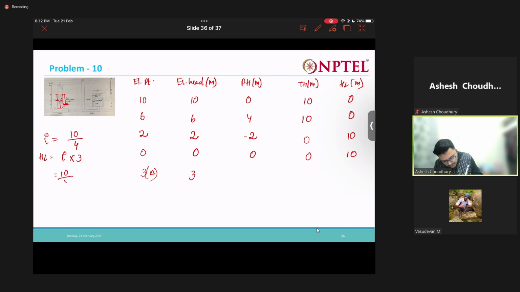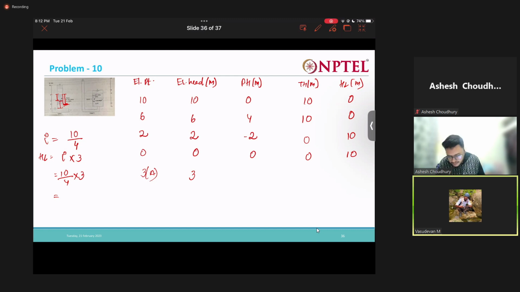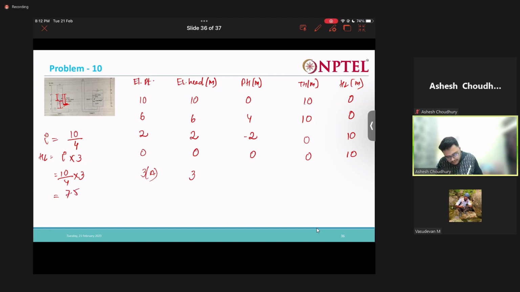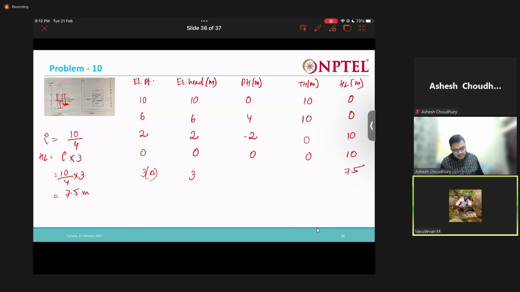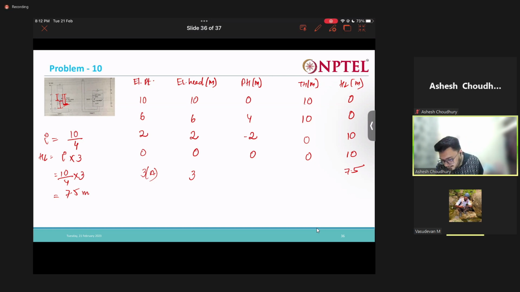So 10 by 4 into 3, nothing but 7.5 meter. So my head loss here is 7.5. What should be my total head? 10 minus 7.5, 2.5. So what should be my pressure head here? Minus 0.5. Like this, for all the points we filled up this table.